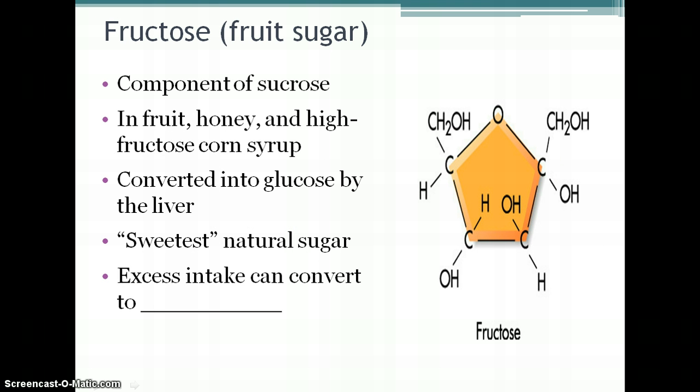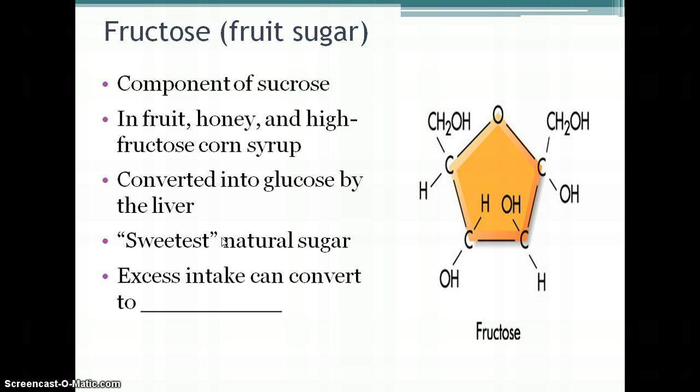Fructose is another monosaccharide. You may have heard of fructose also called fruit sugar. You may have also heard of high fructose corn syrup, which we'll touch upon later in part 2 of this chapter 4 lecture series. We don't have a lot of fructose flowing through our body. So we're talking about fructose. It is the sweetest monosaccharide, that is the sweetest to the taste bud, and that may make sense to you if you bite into a nice, juicy, ripe piece of fruit.